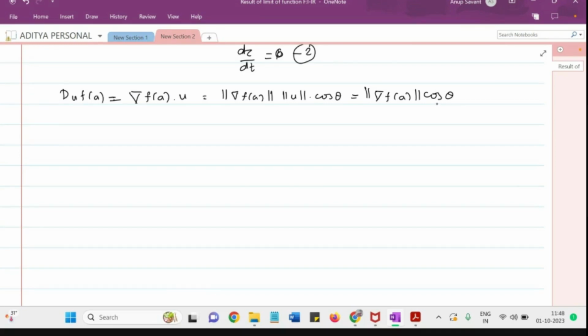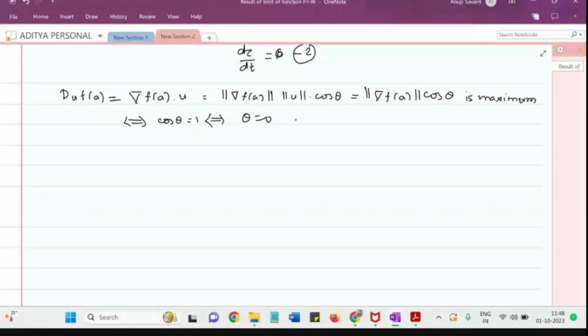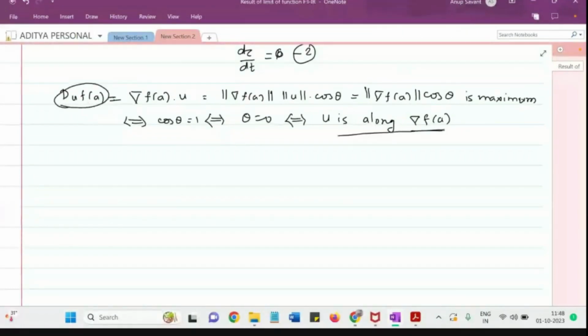So this is maximum if and only if cos theta is 1. Now cos theta will be 1 if and only if theta is 0. This is possible if and only if u is along grad f of A. Okay, that is what I had mentioned some time back. So the directional derivative is maximum if u is a vector along grad f of A.